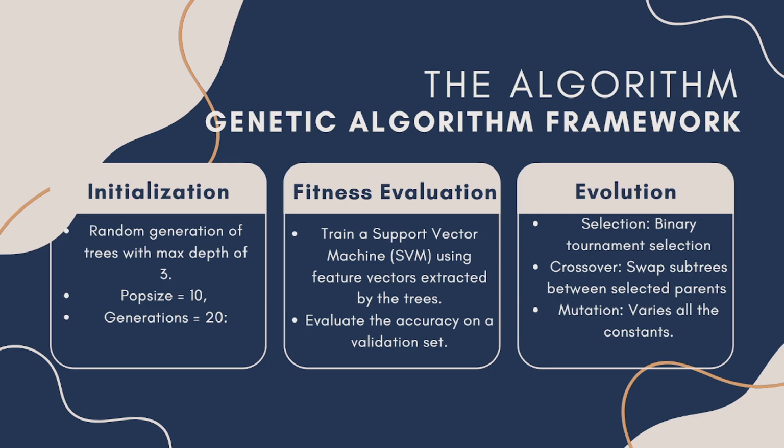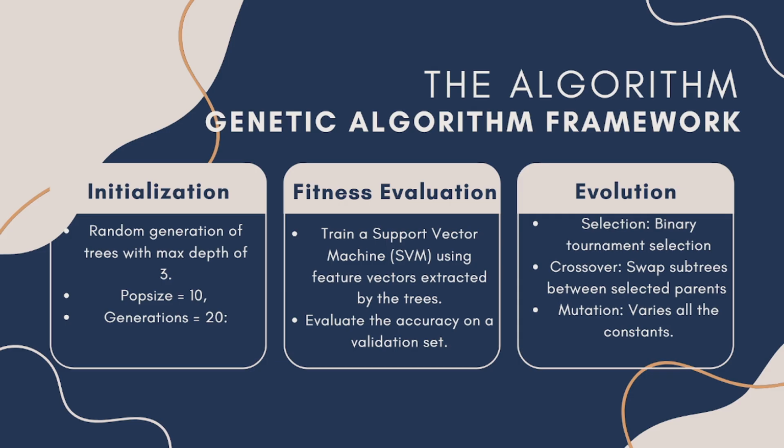To generate the new population in each generation, we use these three operators. The first one is the selection operator, which implements tournament selection to select an individual from the population. The second one is the crossover operator.